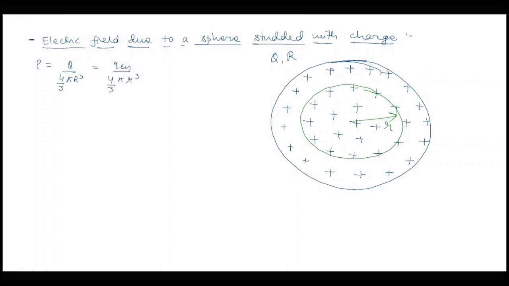For the time being we are calculating in terms of rho. So Q enclosed is equal to 4 by 3 pi rho r cube. If we apply Gauss law, then E dot A is equal to Q enclosed by epsilon naught, and hence for the electric field inside, E into 4 pi r square is equal to 4 by 3 pi rho r cube by epsilon naught.